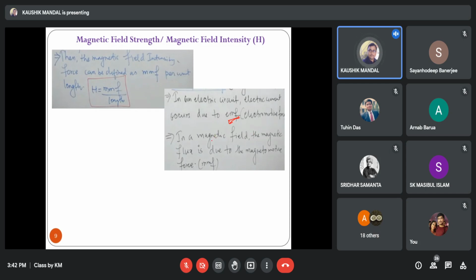Now in the magnetic field, the magnetic flux, or magnetic line of force, occurs due to the magnetomotive force. So magnetic field strength or magnetic field intensity H is basically the magnetomotive force per unit length.